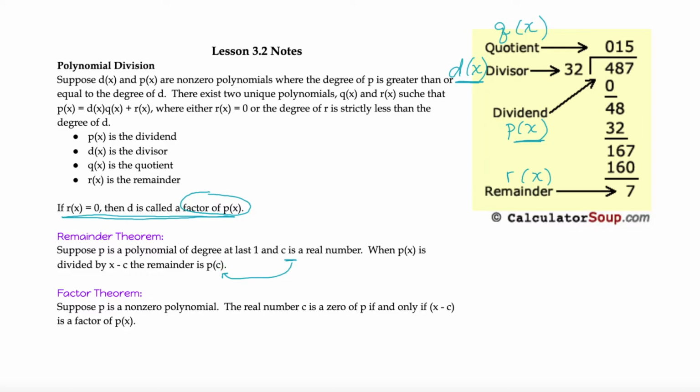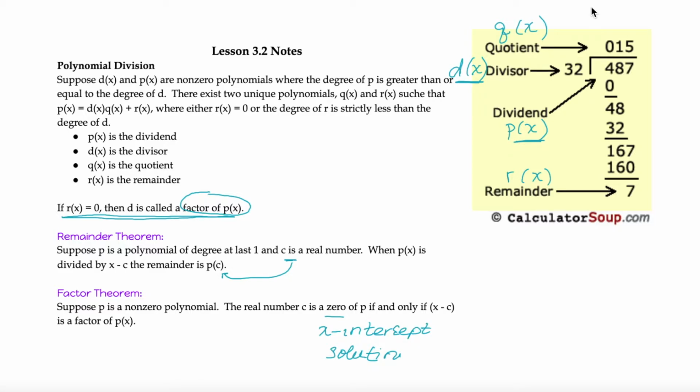The factor theorem states that if p is a polynomial, the real number c is a 0. Remember, 0 is the same as an x-intercept or a solution of p if and only if x minus c is in fact a factor of the polynomial itself. So that was a lot of blah, blah, blah, blah, blah, right?